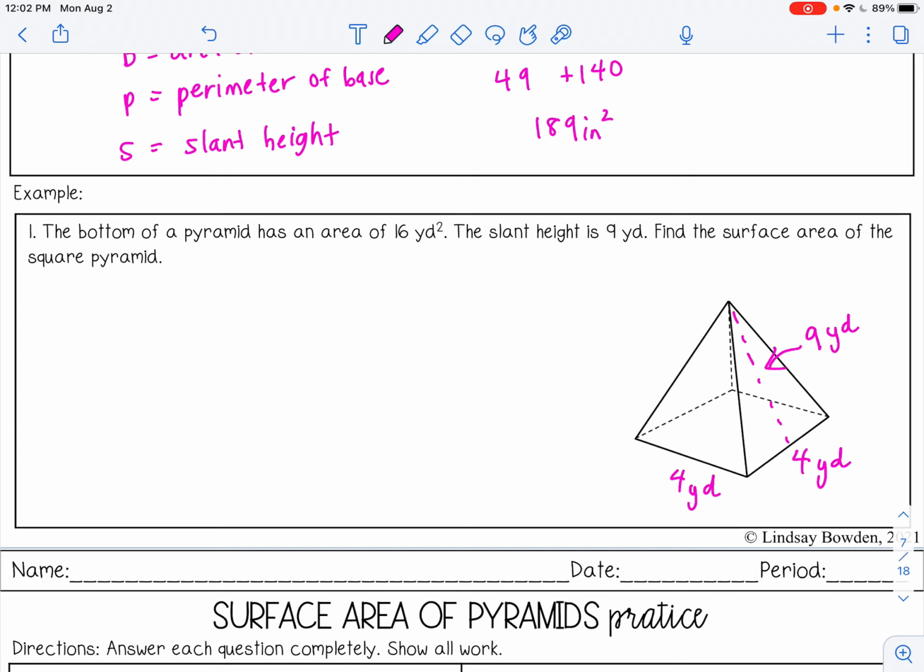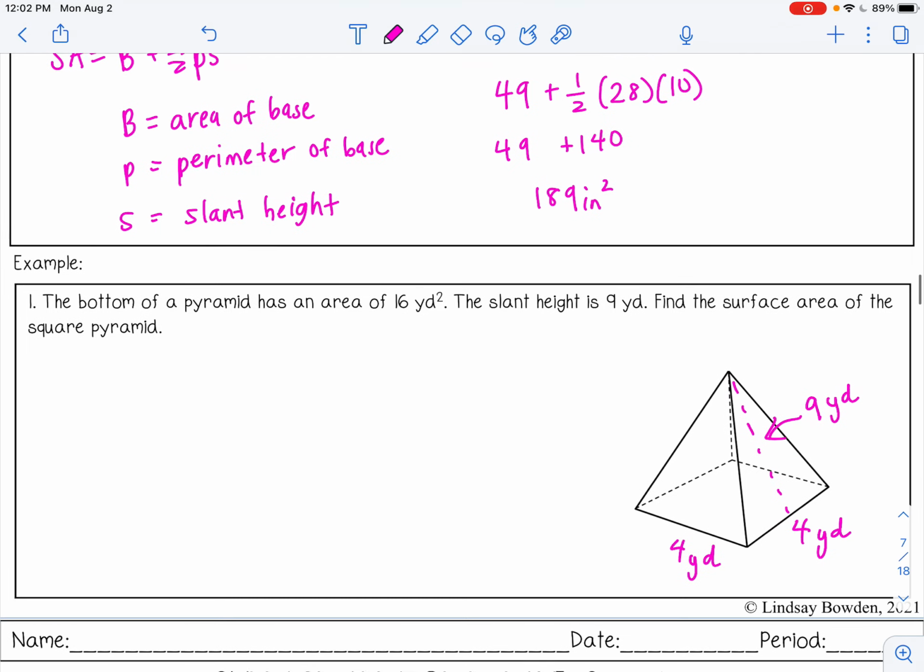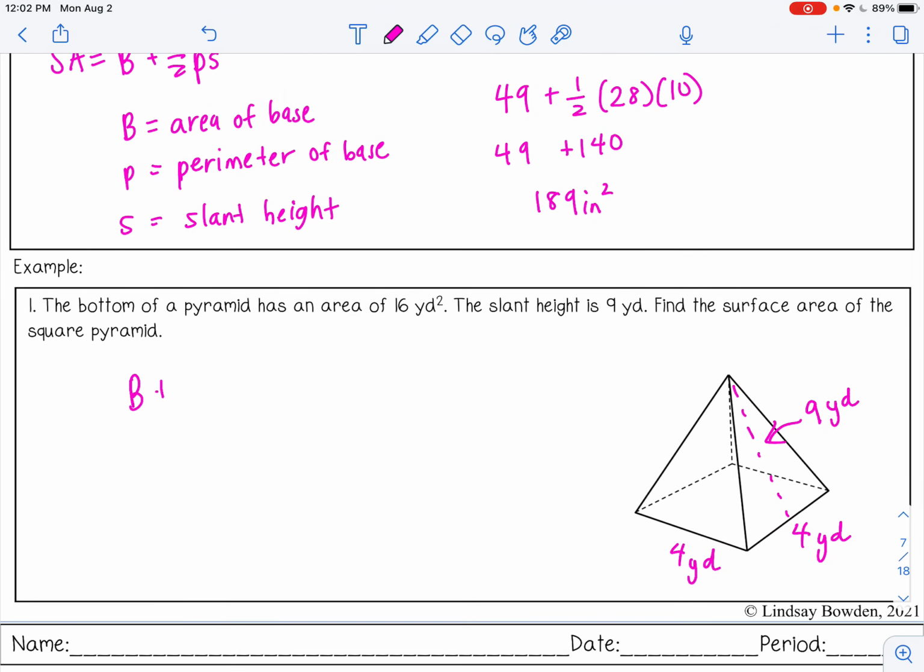Find the surface area. So since I have that slant height, I'm just going to go ahead and use that formula. So base plus 1/2 PS. We know the area of the base is 16. The perimeter, let's see, that would be 4 plus 4 plus 4 plus 4, that would also be 16.